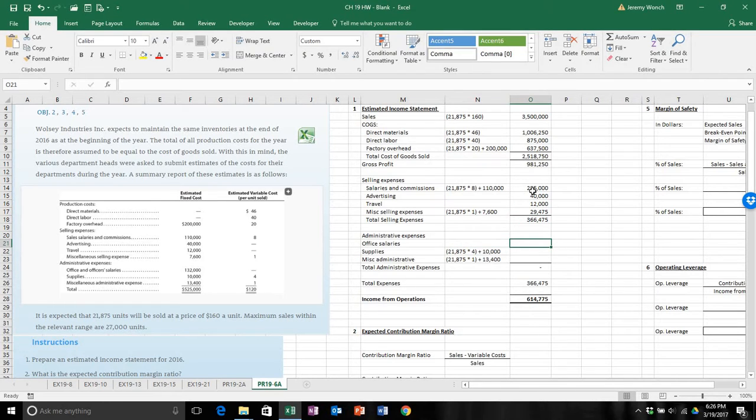Go to our administrative expenses. Office salaries are fixed at 132. The variable portion of supplies is $4 a unit plus 10,000.